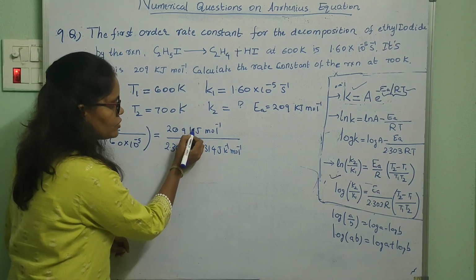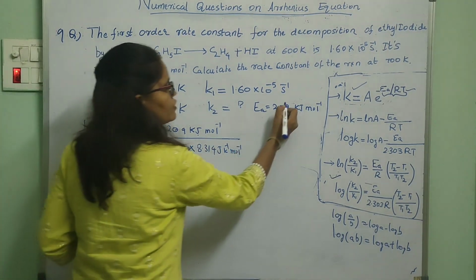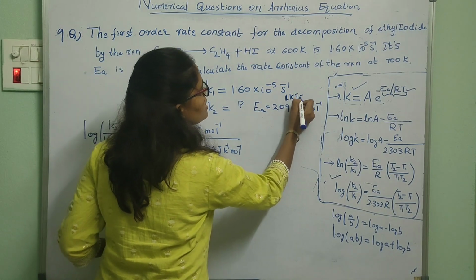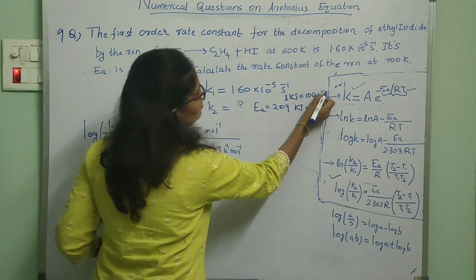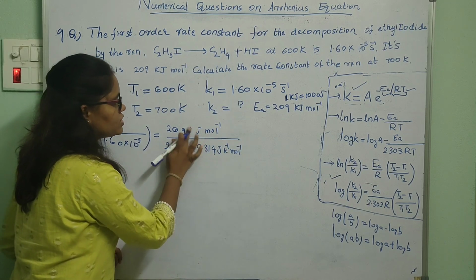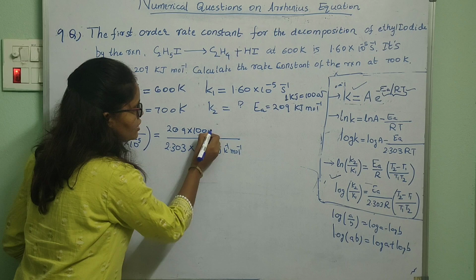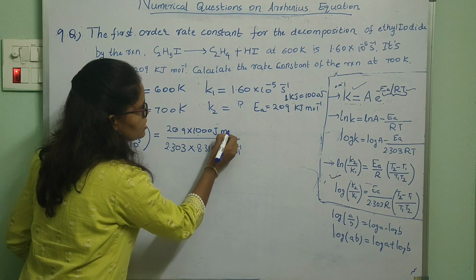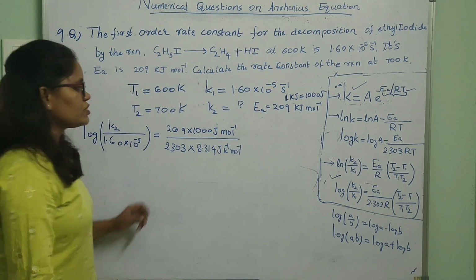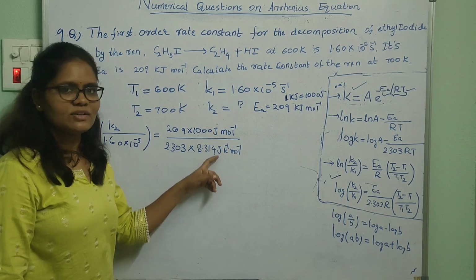So what I will do is I will express this kilojoules as joules. So we know that 1 kilojoule is equal to 1000 joules. So I will just multiply the numerator with 1000. So this becomes 209 into 1000 joules per mole. So now both the numerator and denominator have same units, joule and joule. Okay.